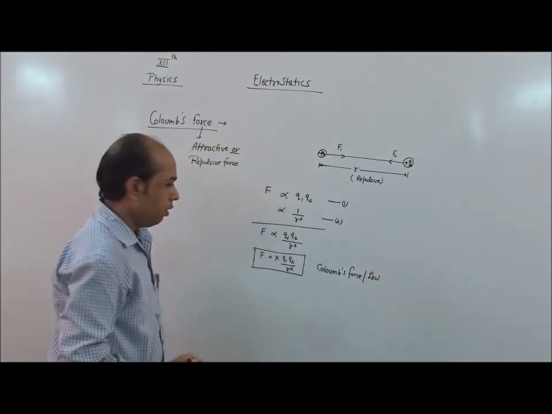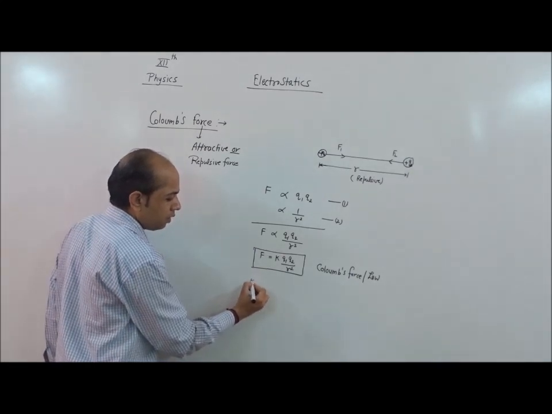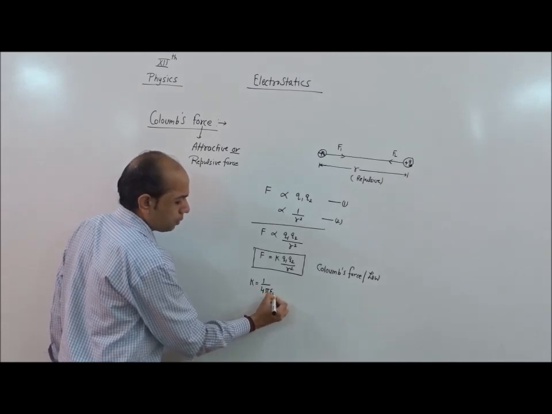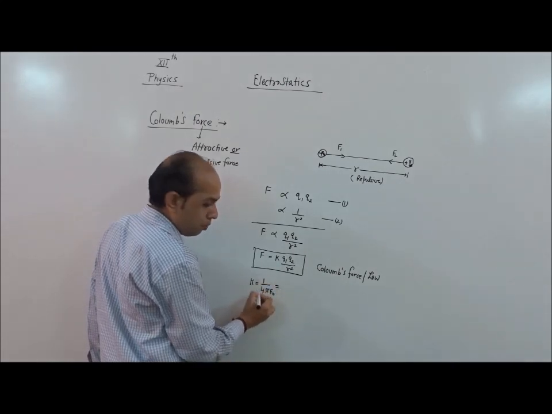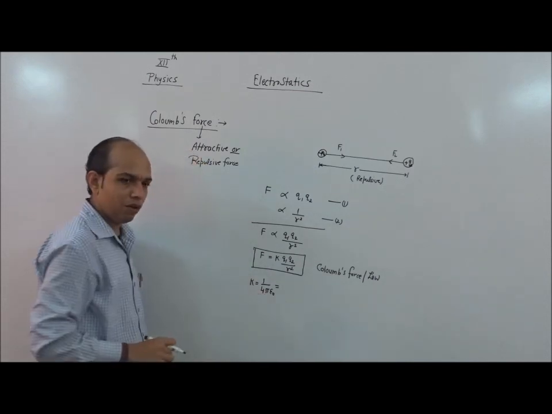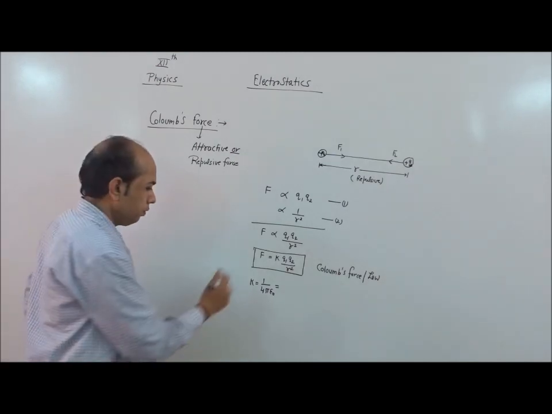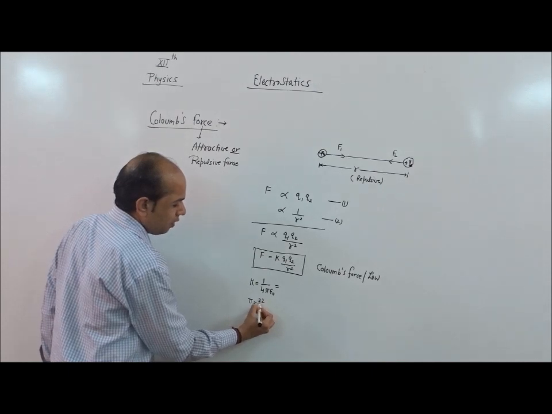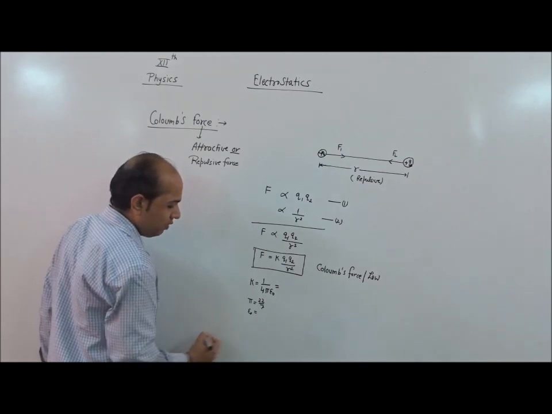Now K is the proportionality constant and its numerical value is K equals 1 upon 4 pi epsilon naught. If we simplify this value, pi is 22 by 7, and epsilon naught, again a constant called permittivity, equals 8.85 into 10 raised to power minus 12.